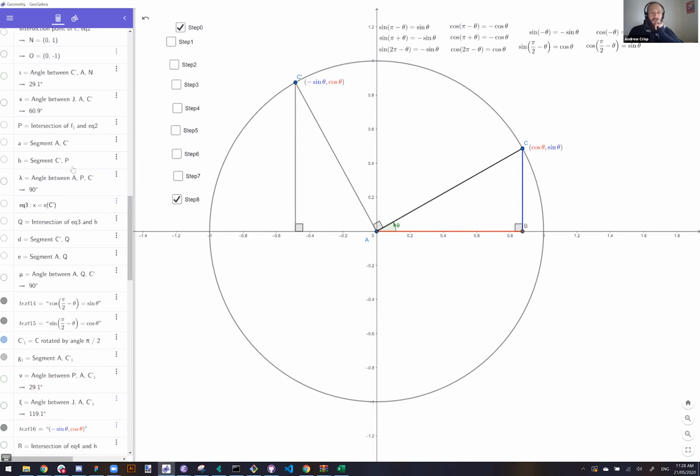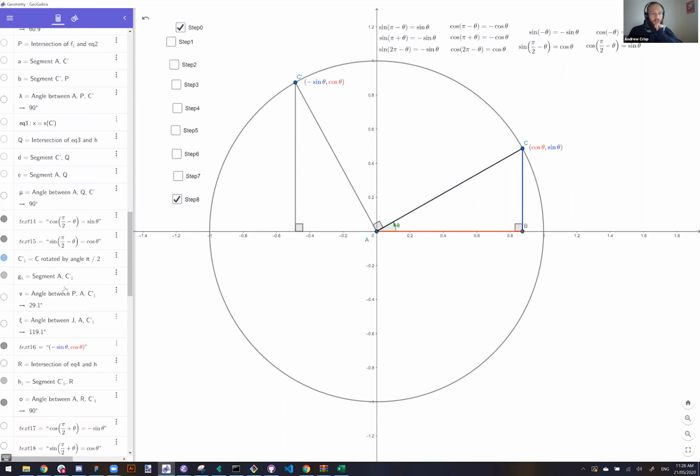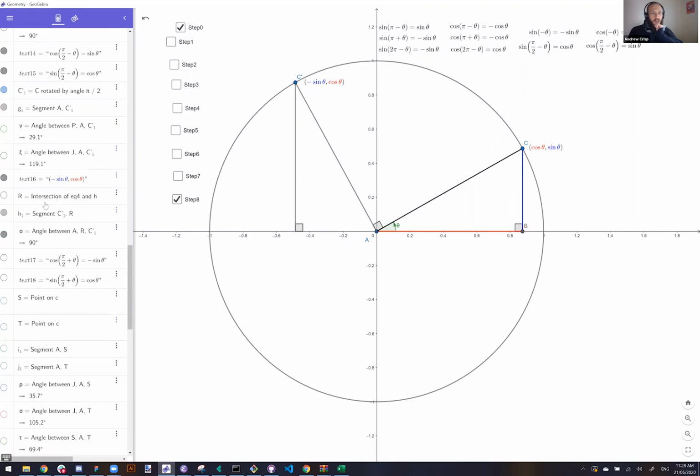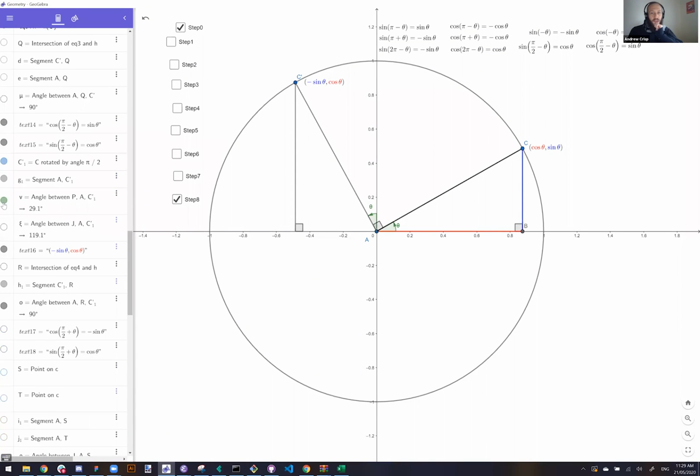So I just need to remember which one I need to turn on here. Is it this one? Yes. So I know that that angle is theta, and that means that this angle is pi over 2 plus theta. I can think about it in two different ways. Well, let me just move that theta label.